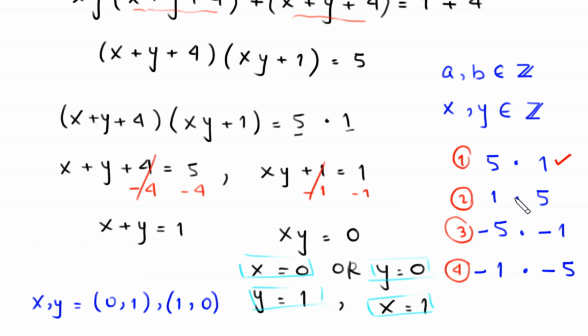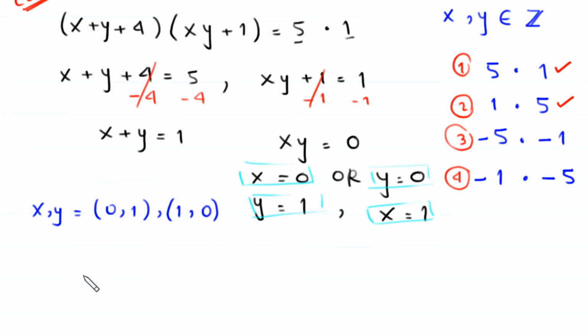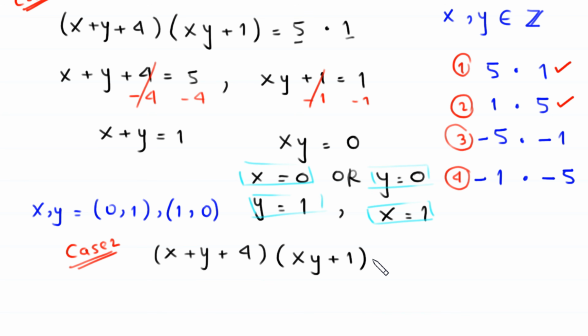Now we solve this second case, 1 times 5. In case number 2, we write these factors (x plus y plus 4) times (xy plus 1) equal to this 1 times 5.